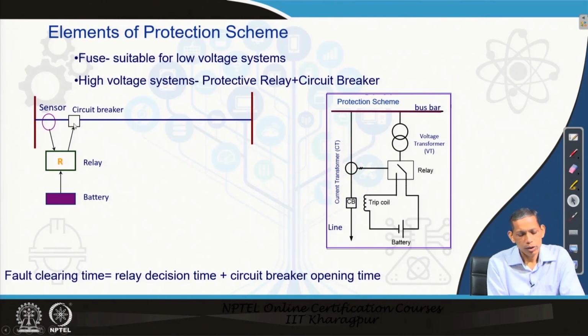Therefore, the fault clearing time, from fault inception till the clearance of the fault, equals relay decision time plus the circuit breaker opening time. By a faster decision we can clear the fault early. If the circuit breaker also can intervene the fault earlier, then also we have the advantage of clearing the fault early.